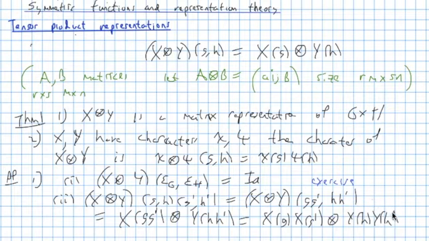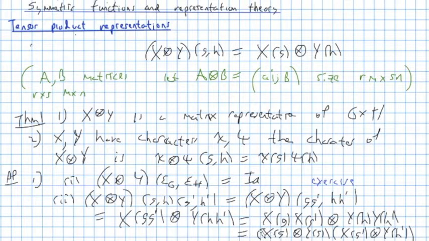And then a lemma we saw last time says that we can write this tensor product of matrices as the product of the matrices X of G tensor Y of H times X of G prime tensor Y of H prime.